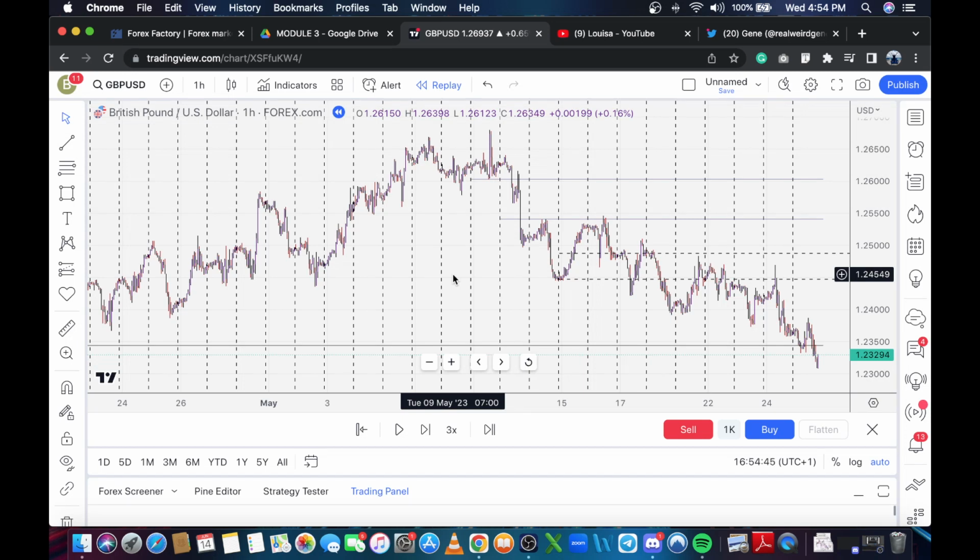The better question you should be asking me is, why, Jin? Why are these explosive moves occurring around these high time frame price levels? That's the main question. The reason why, like I've said before, is that the funds and the institutions build in orders around key high time frame levels.